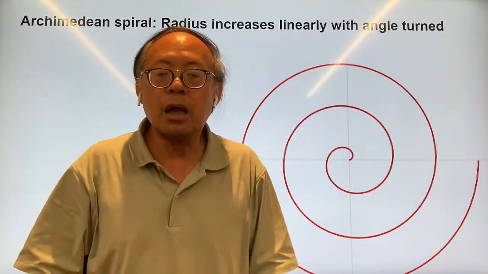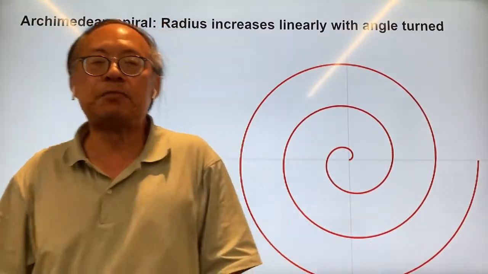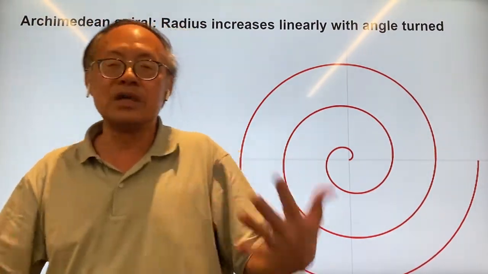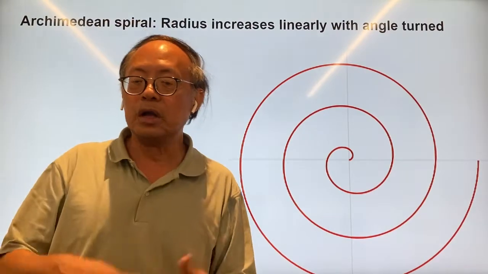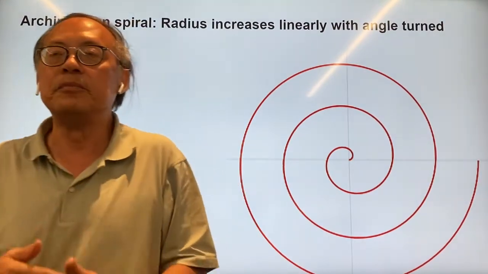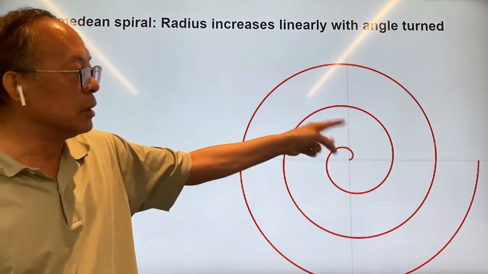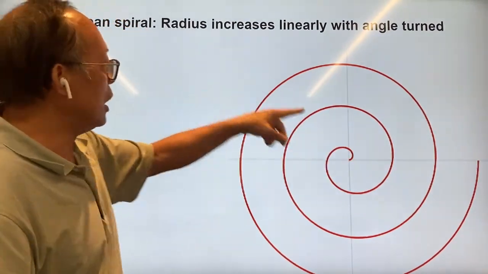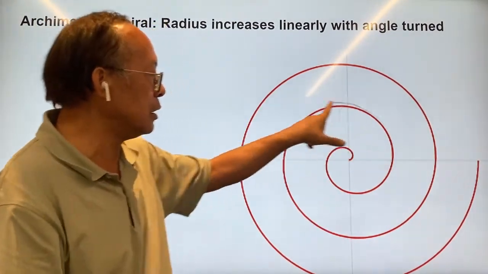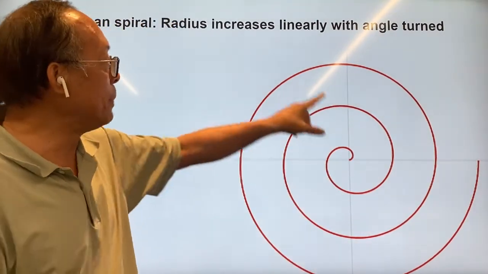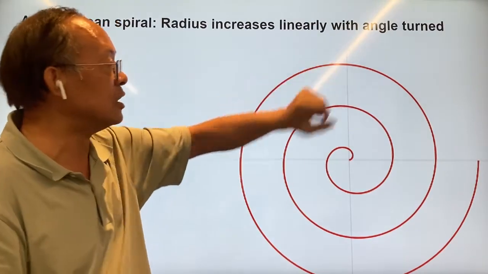Now there's another spiral called the Archimedes spiral, used by, who else, Archimedes, to do a lot of interesting things like creating water pumps. It is described in polar coordinates as a trajectory illustrated by this red curve, whereby the radius increases linearly with the angle term.